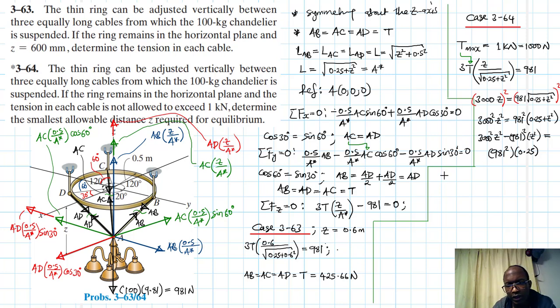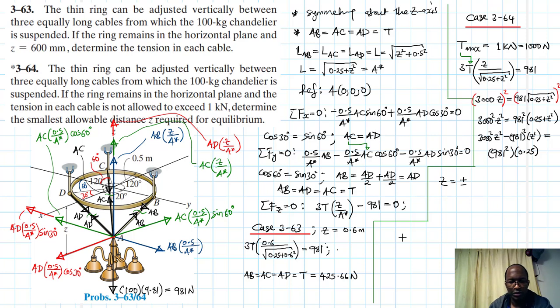Let's calculate Z. Z is just going to be equal to plus or minus the square root of 981 squared times 0.25 divided by 3,000 squared minus 981 squared.